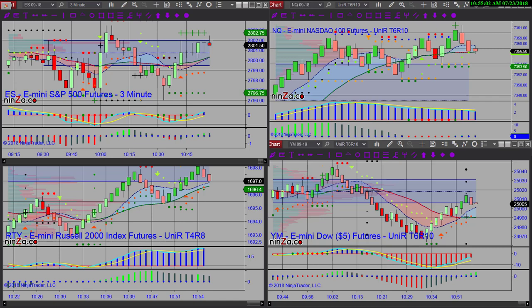Pulling back. Kind of chopping around here in the NASDAQ. Chopping around in the Russell with an upward bias.